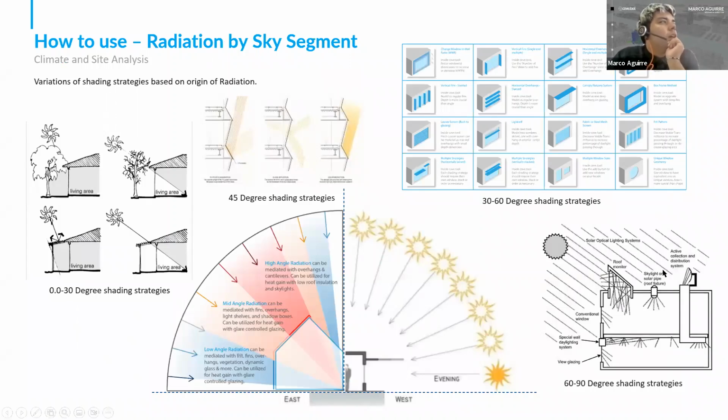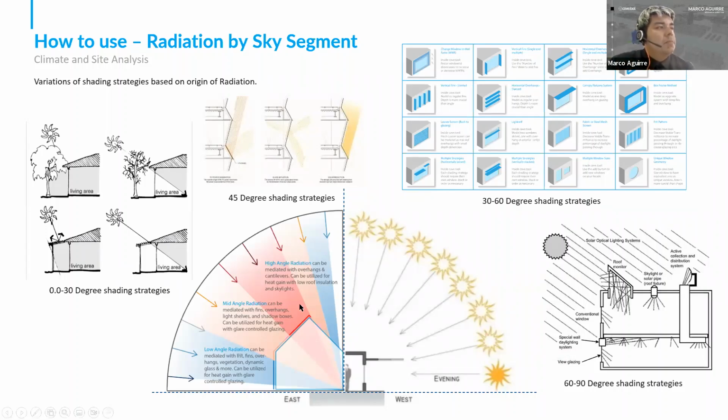Yeah, so one other part of the tool, so I currently don't have any slides for it, but the climate report is also a really beneficial place to get information about daylight and geometry design. So here's one of the analyses. This is looking at the radiation sky dome, which is part of the tool's climate report.